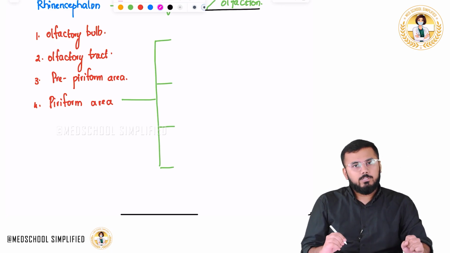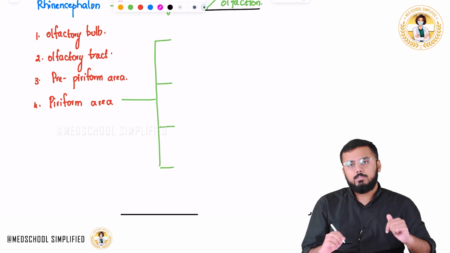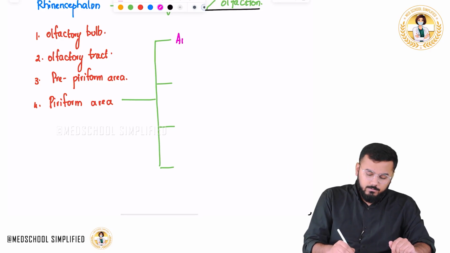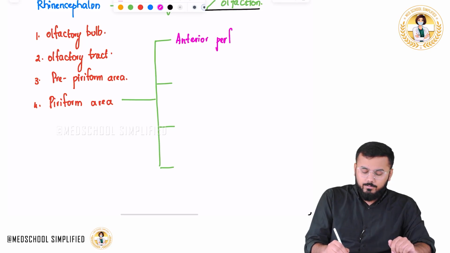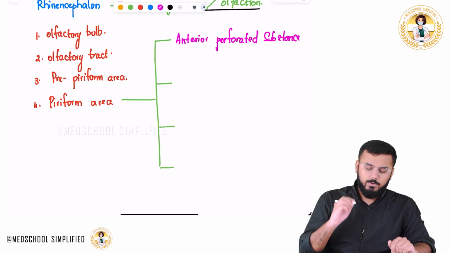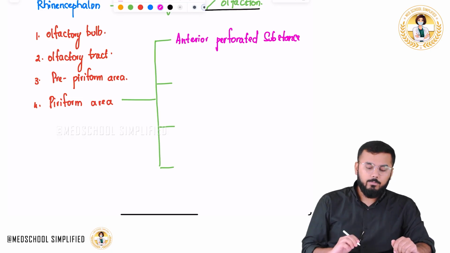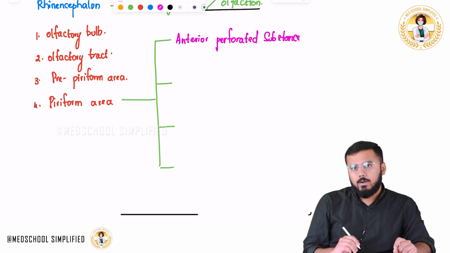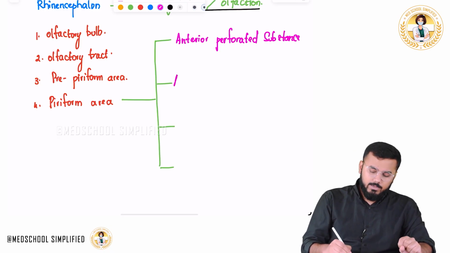What are the four important structures located within this piriform area? The first is the anterior perforated substance. After that, the next important thing is the anterior part of the parahippocampal gyrus.